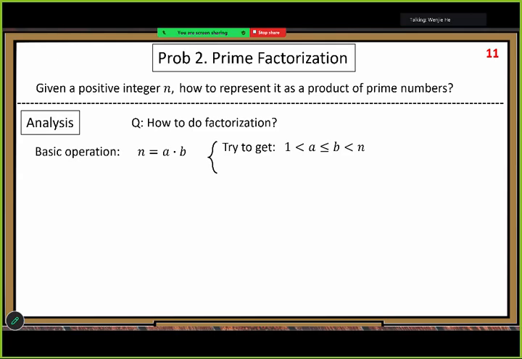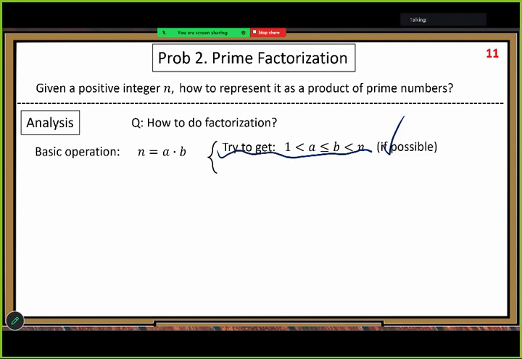If we can find such A and B, then n is not a prime, right? If this first step works, then n is not a prime.